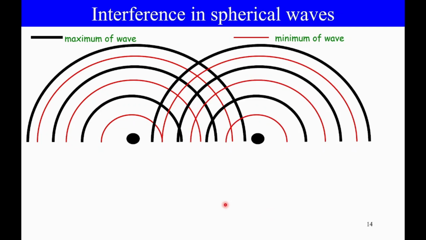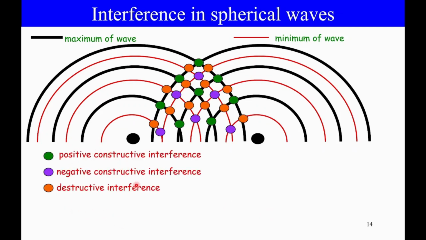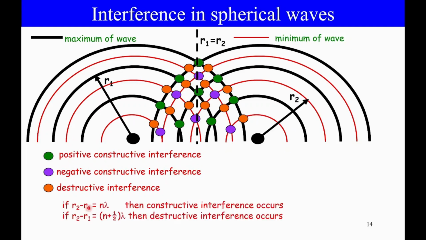Here, all the red color indicates one wavefront, and black color indicates another wavefront. This is one wave and it is another wave. Here black color represents the maximum of one wave, which is nothing but the crest. This red color indicates the minimum of the wave, which is called a trough.